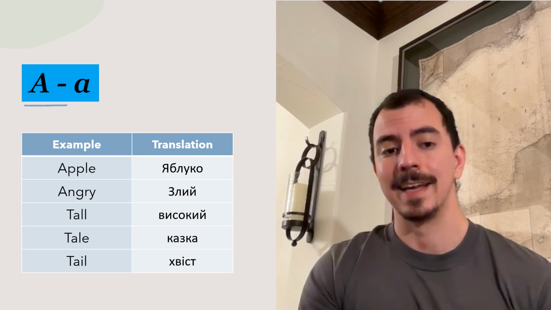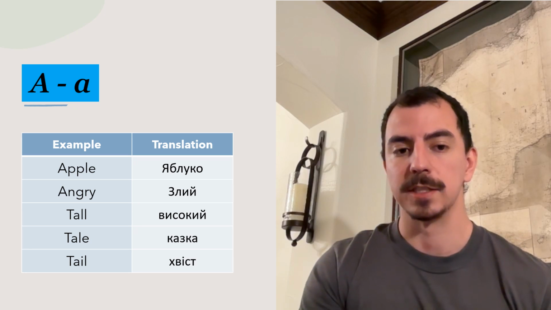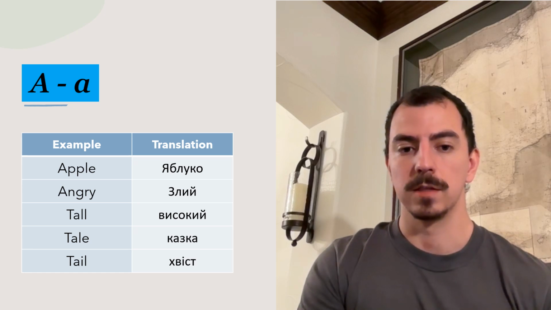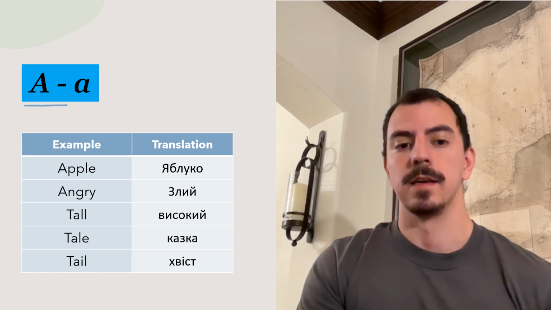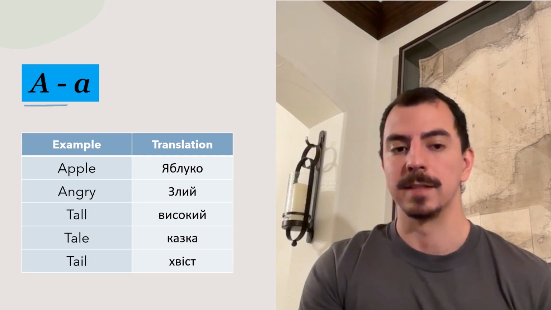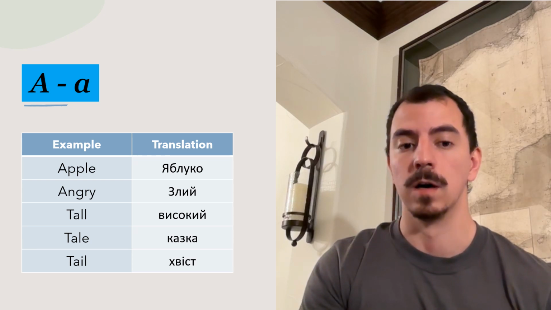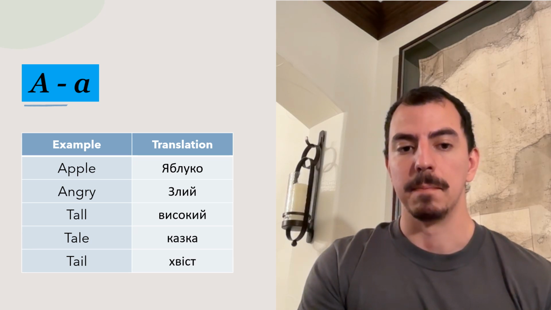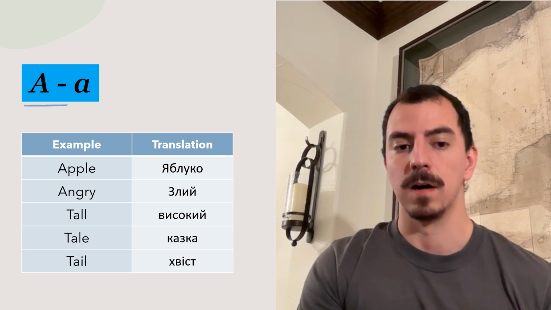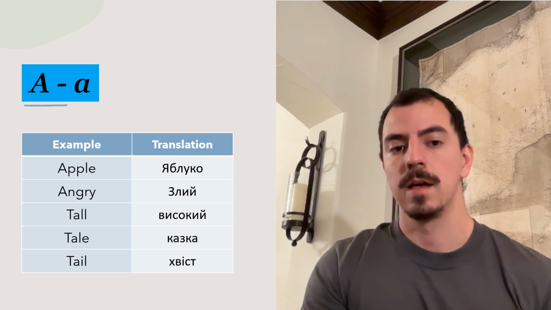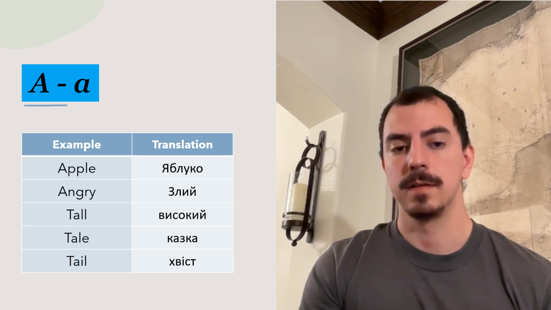The next three examples are variations on how to tell when to use which sound. For the third example, tall uses the ah sound. And then the one after tall is tail. So what makes tail different from tall? Well, there's an E close to the A. Because of the E close to the A, it makes the A sound instead of ah. Tall has no E, so it's just tall.